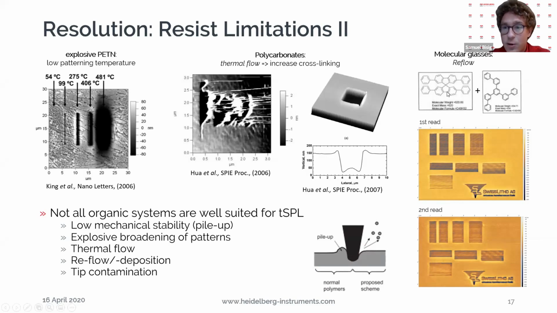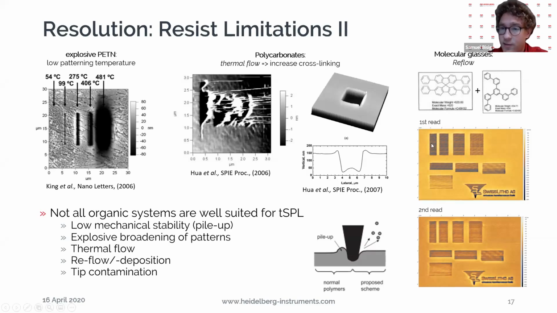And the idea of the molecular glasses was that you have a smaller molecule, so you would have fewer limitations from the resolution. But the problem with these small molecules is that they are not stable in time.